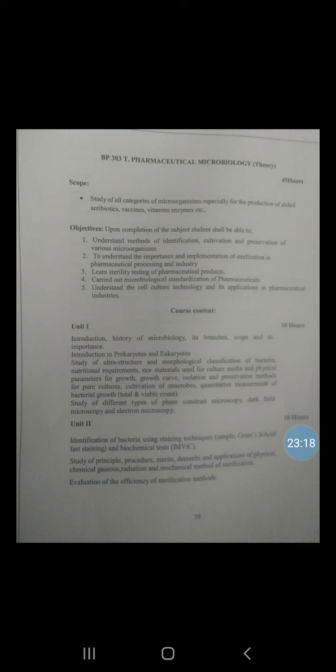The method has a lower margin of safety and should be used only when moist heat sterilization is not applicable. If moist heat sterilization is not applicable, then and only then is this method used.